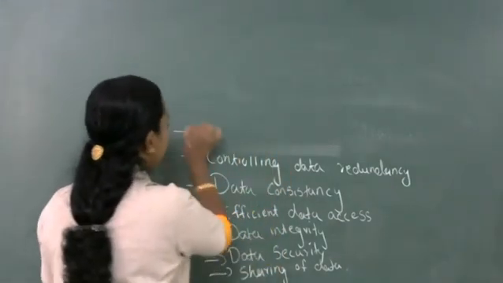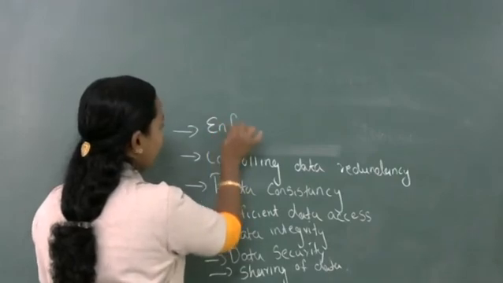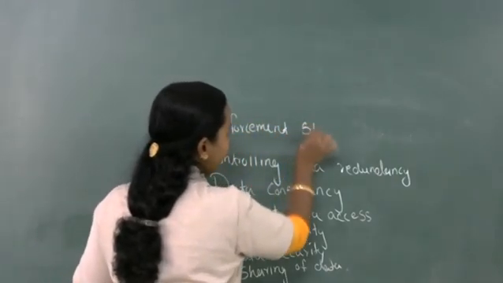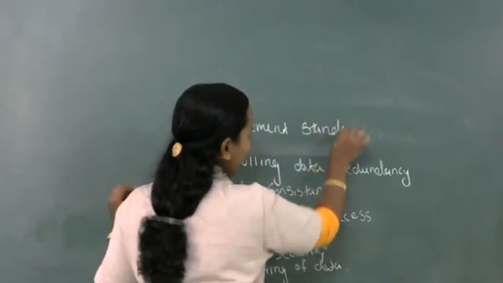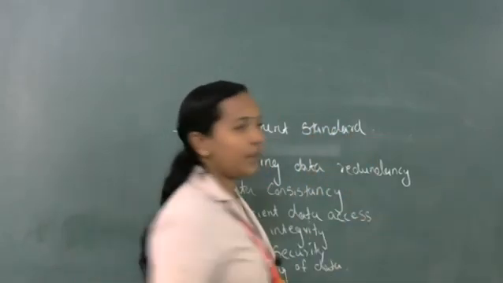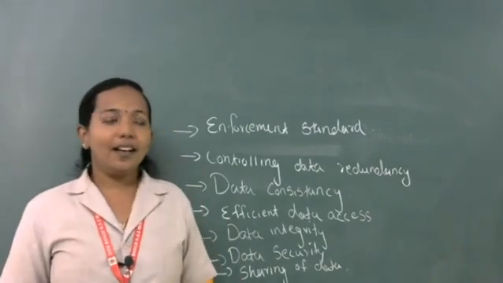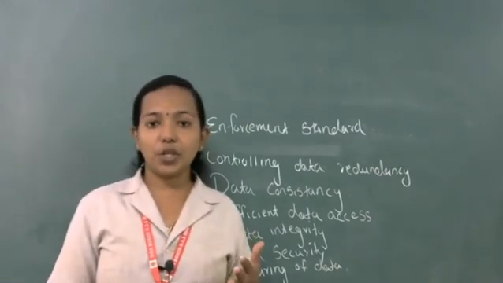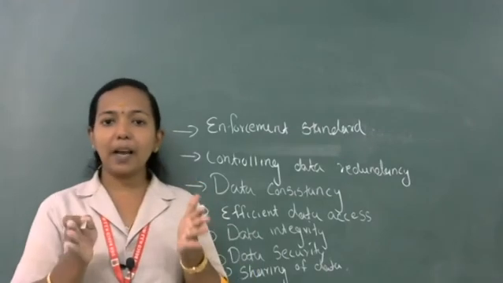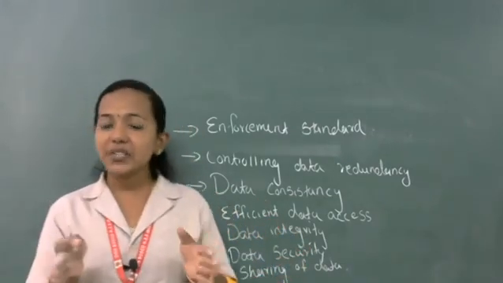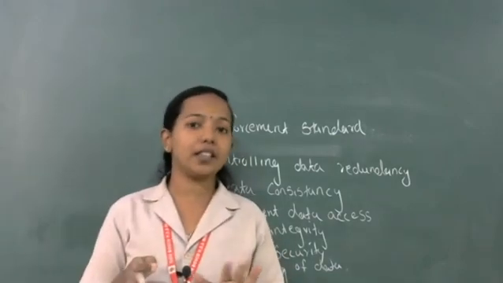Then enforcement of standards. Enforcement of standards means we can give some kinds of restrictions, like the number of characters should be less than 10, then the name must contain at least 5 characters, like that.